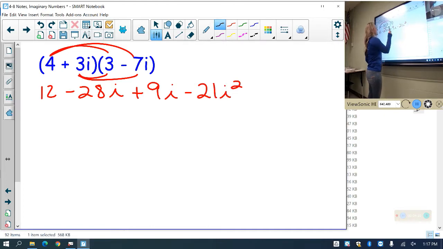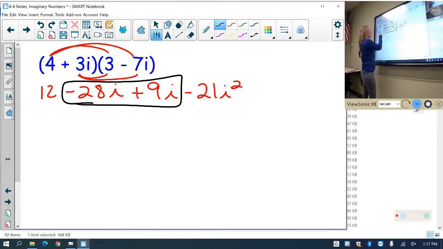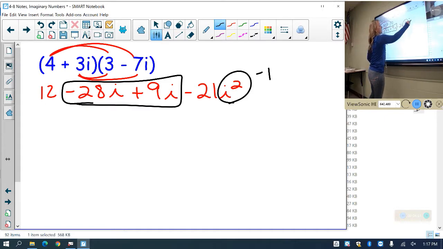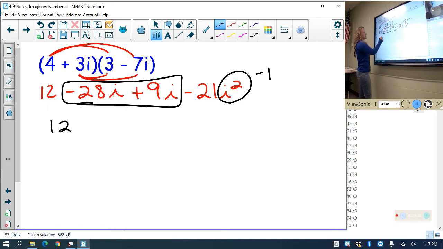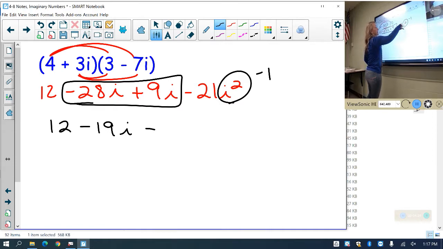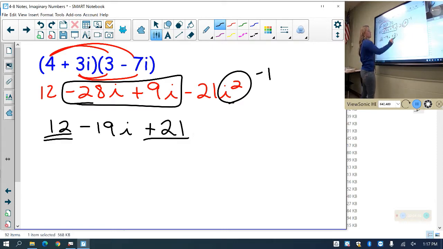Combine like terms and change your i squared to negative 1. So this gives me 12. Negative 28 plus 9 is negative 19i, and this is going to become plus 21 because negative 1 times negative 21 becomes a positive. Combine your like terms, gives me 33 minus 19i.